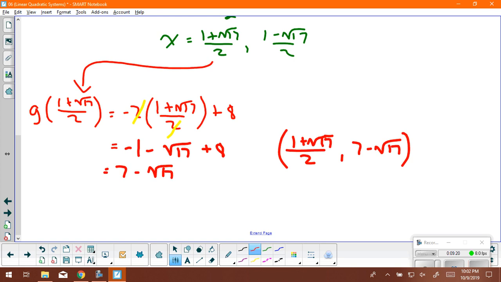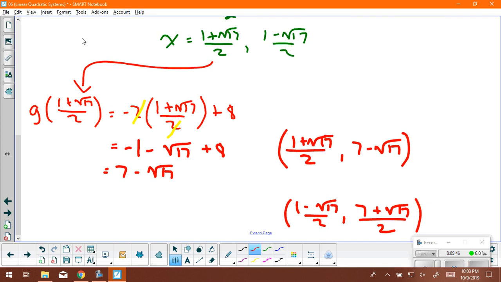Similarly, the other point is (1 minus root 17) over 2 and 7 plus the square root of 17. That's pretty much the whole process right there.